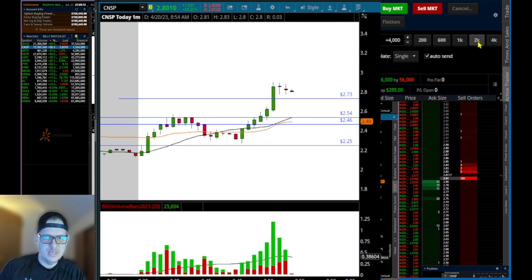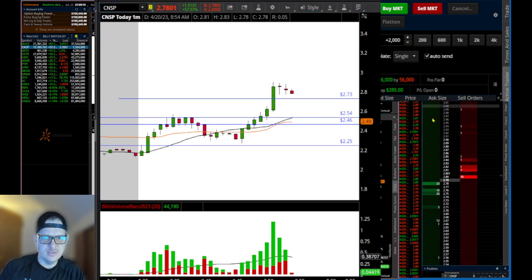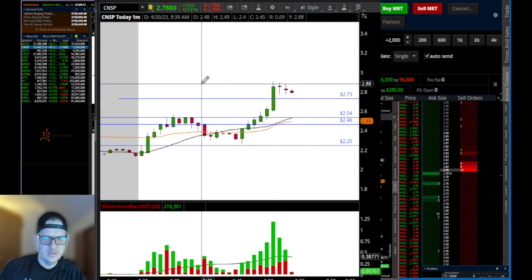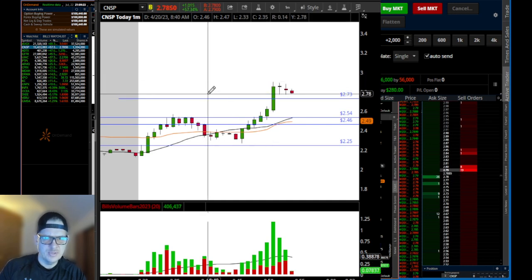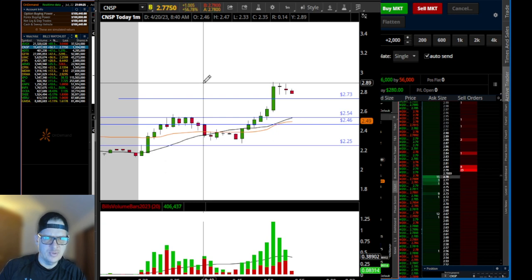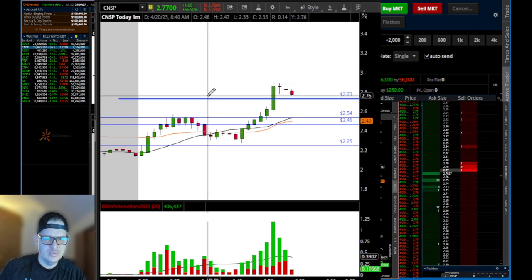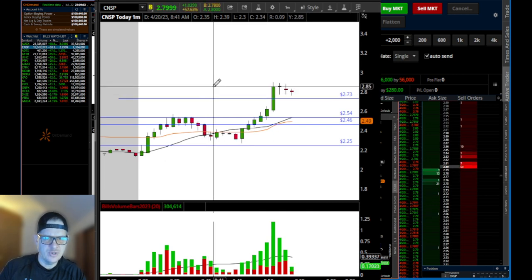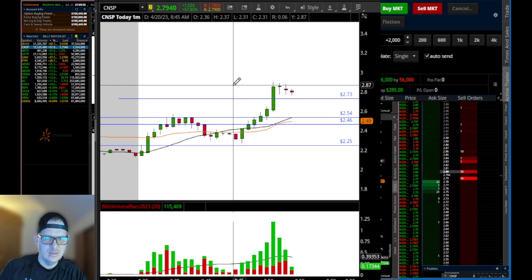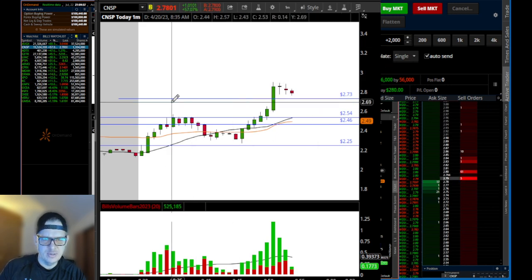I think I'm going to lower my share size down to 2,000 because here I'm estimating about a 10-cent risk, and the price from the support level up to resistance here is about 10 cents. So I'll make sure I compensate by lowering my share size here.